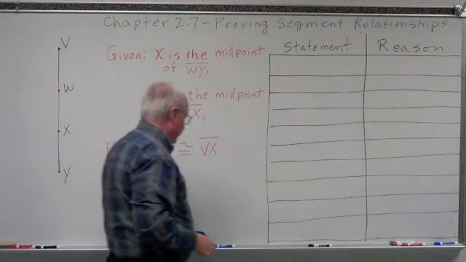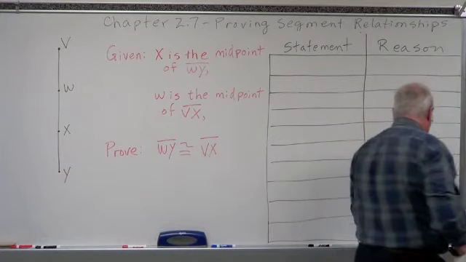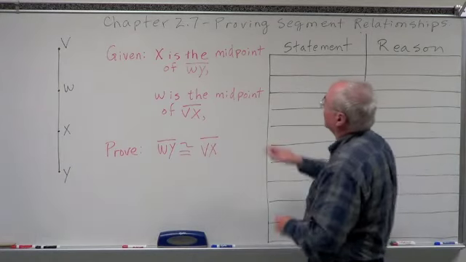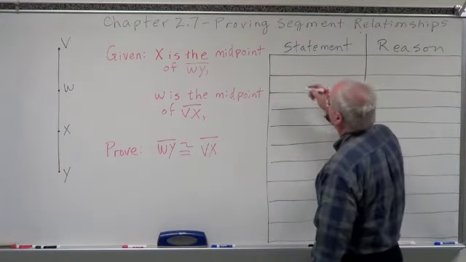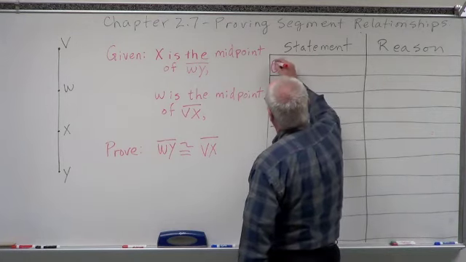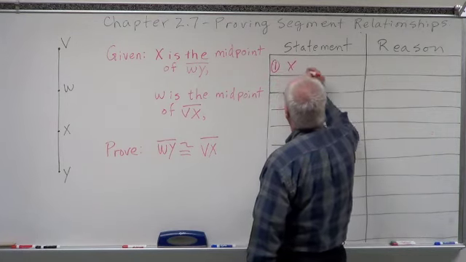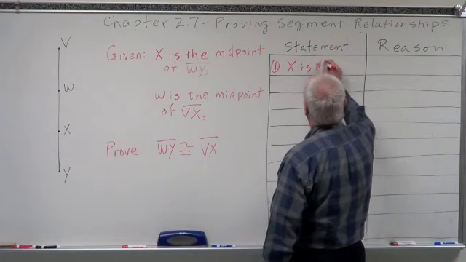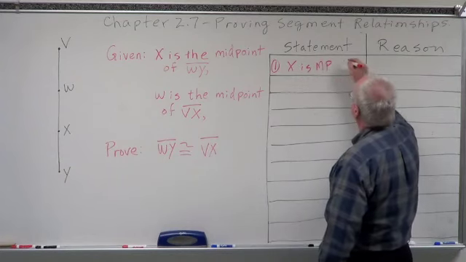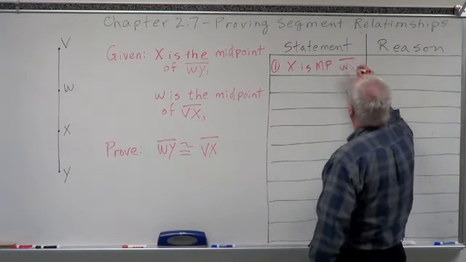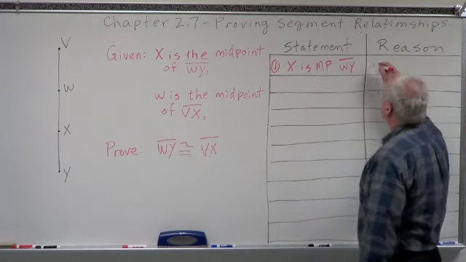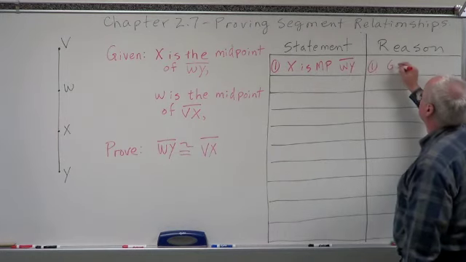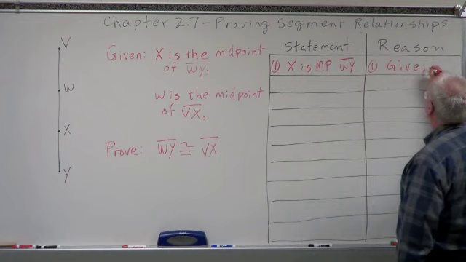Okay? Now, we have our givens right here, so let's put them down. Statement number 1: X is midpoint, and I'm going to abbreviate, of WY. What's our reason? They told me so. It was given.